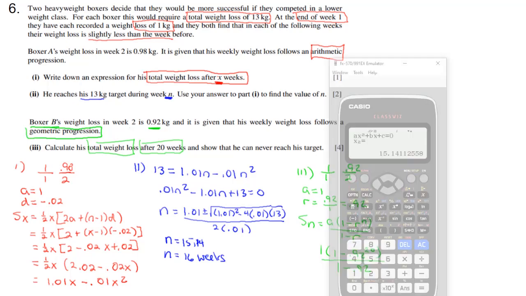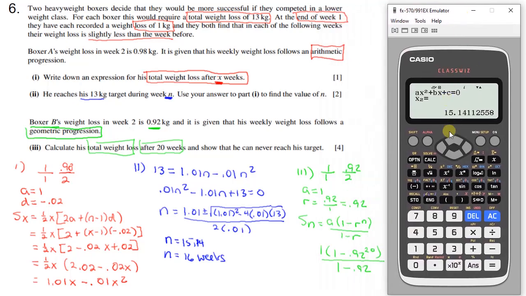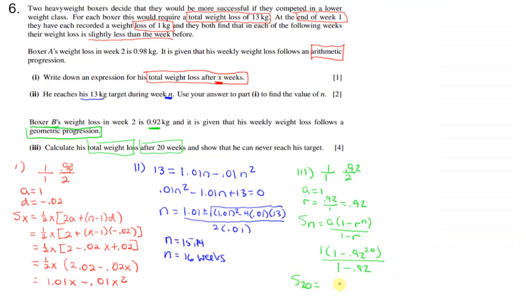Again, I'm going to go right to my calculator and type that in exactly the way I've written it, so I can find out the answer. The sum for the 20 weeks is going to be 10.14 kilograms.